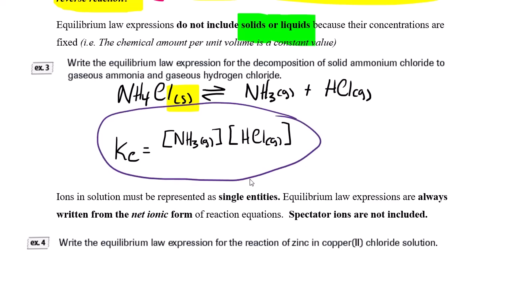And then also, if I have ions, they have to be written as single entities. So that means that before I can write a Kc expression, if I have a regular chemical equation that includes spectators, I have to break it down into a net ionic equation first so that I can eliminate the spectators. Spectator ions will not be included when I write a Kc expression.